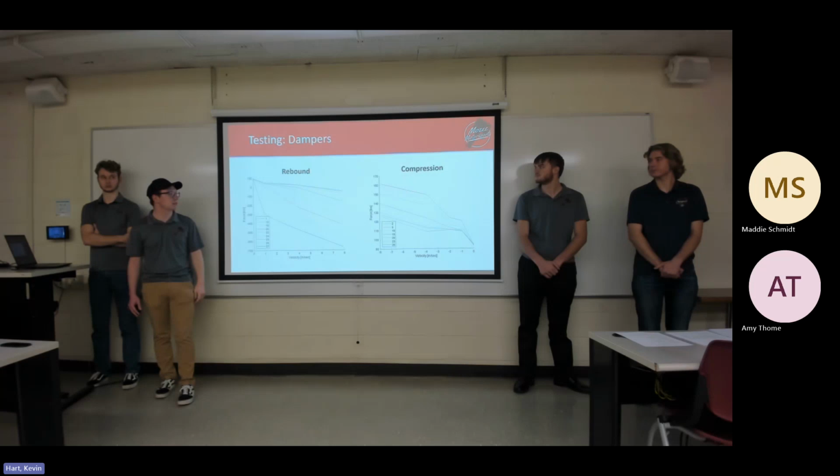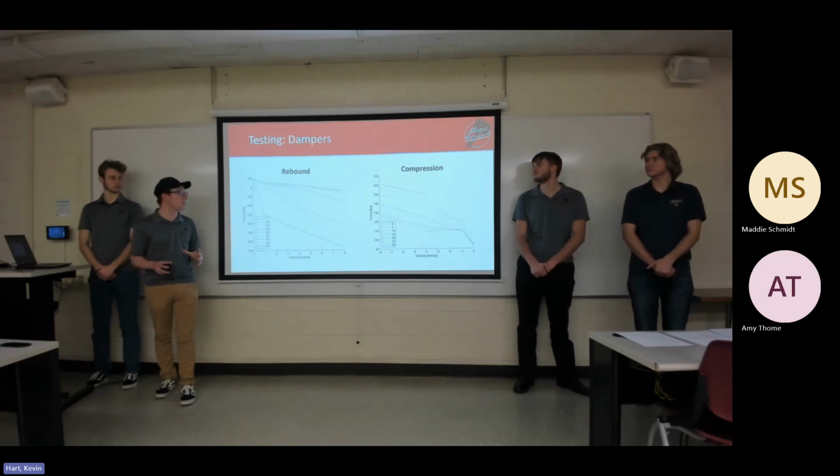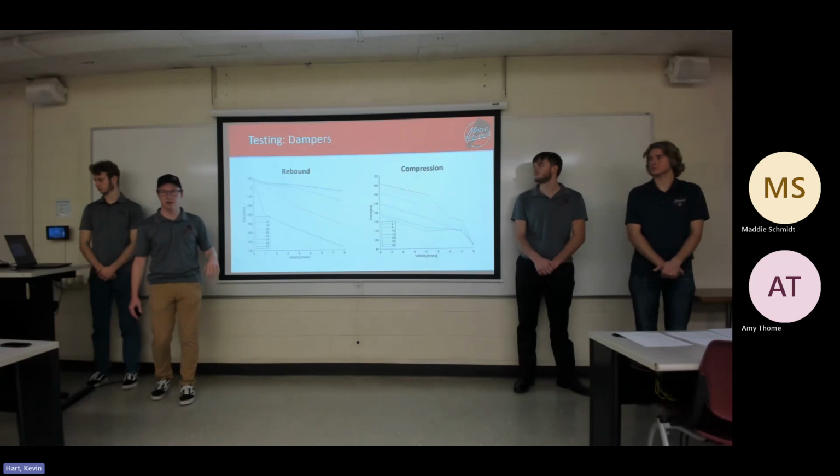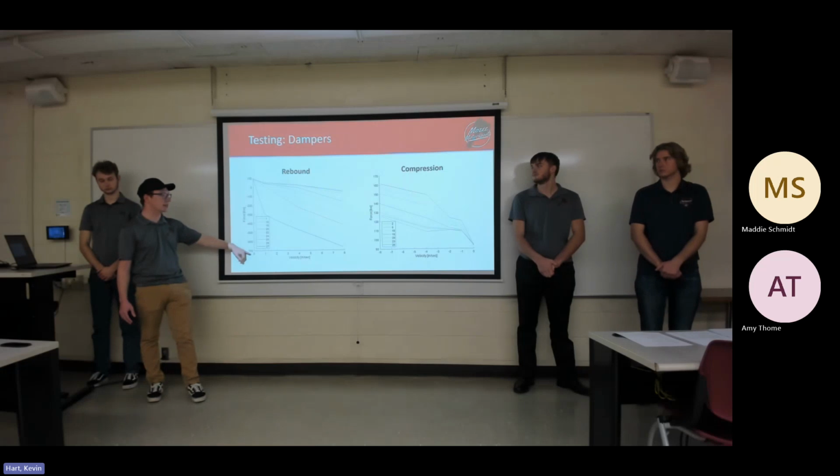This data was then taken into MATLAB and rearranged into a more usable form, because each of those lines was for a given damper setting, and we wanted to rearrange it to say, these are our damper settings that we can choose from, and then have a function that relates force to velocity for each of our damper settings.